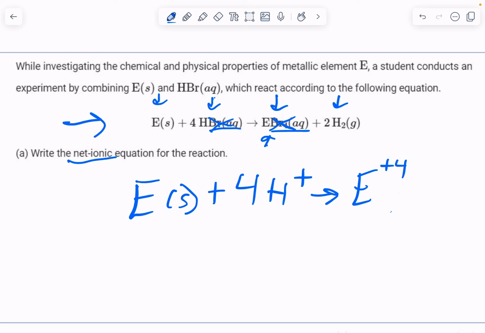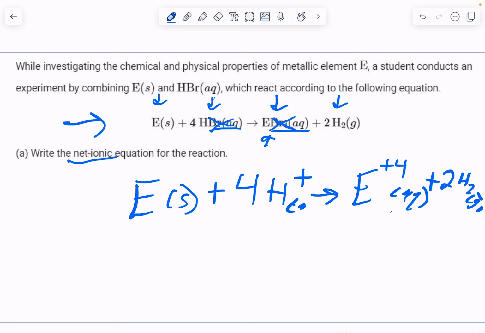This is going to form a +4 charge because the bromine is a -1 charge and there were 4 of them. So this will be E4+ aqueous state plus 2, there's a total of 4, but 2 hydrogen gas molecules. And make sure I put a gas there. So this would be the net ionic equation for this given reaction.